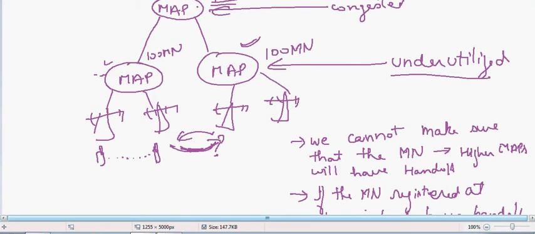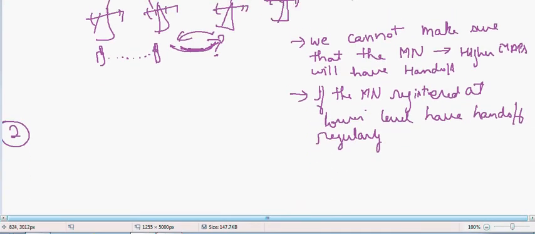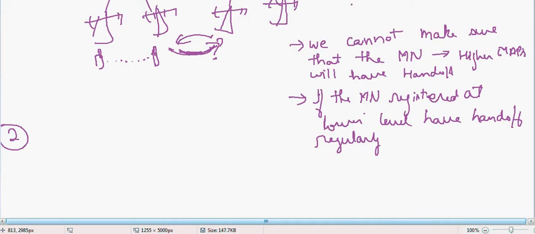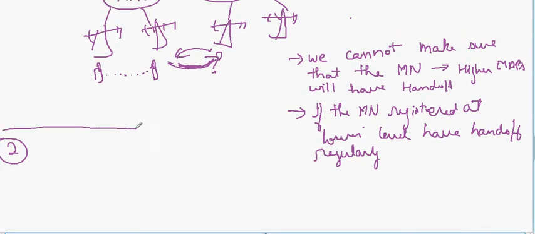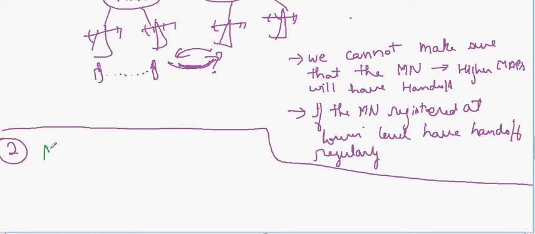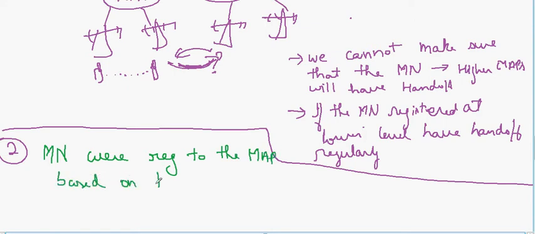The second idea was proposed. In this second idea, the mobile nodes were registered to the MAP based on their velocity.